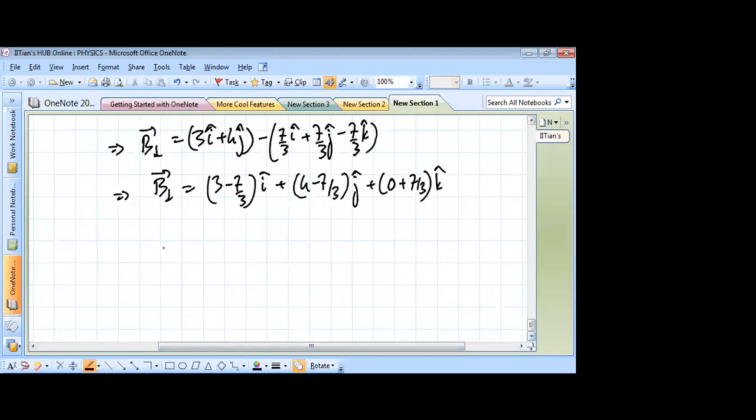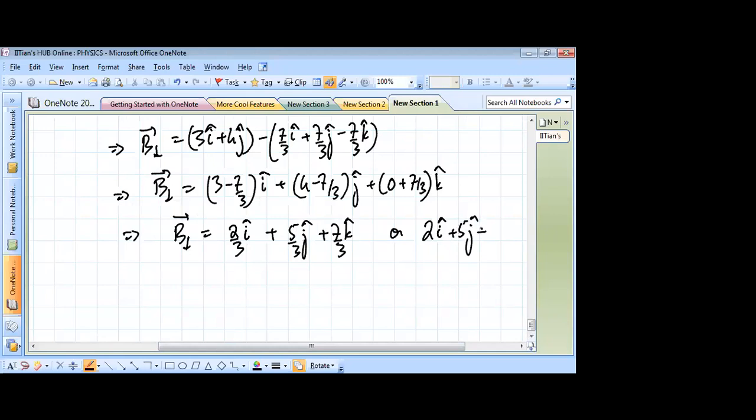So that will become 2 by 3 i cap plus 5 by 3 j cap plus 7 by 3 k cap. Or we can also express it as 2 i cap plus 5 j cap plus 7 k cap, the whole thing divided by 3.